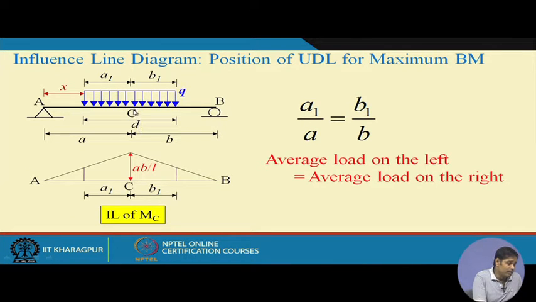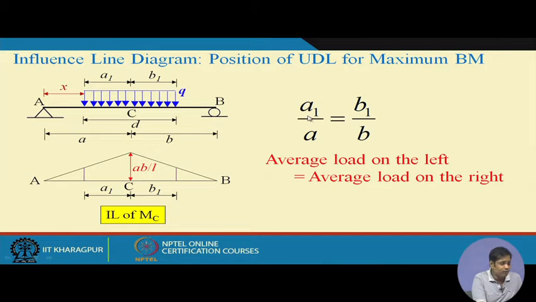The bending moment at C will be maximum if the load is placed in such a way that A1 by A is equal to B1 by B, where point C divides the beam AB in the ratio A by B, and the same point C divides the load in the ratio A1 by B1. If they satisfy this criterion, then the bending moment at C will be maximum. Now, what exactly is this criterion?